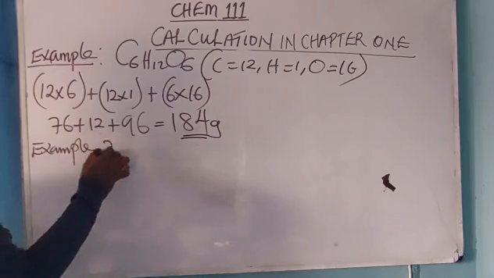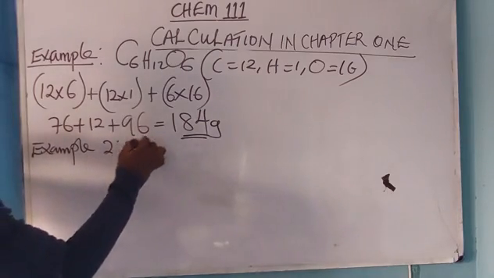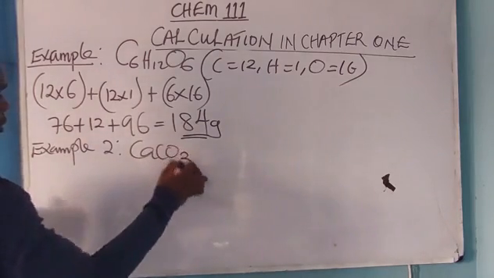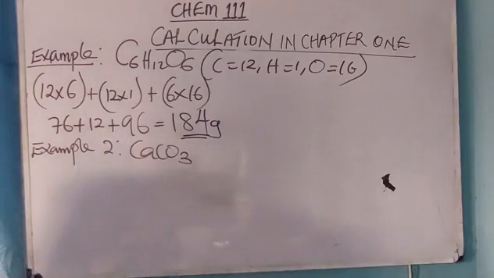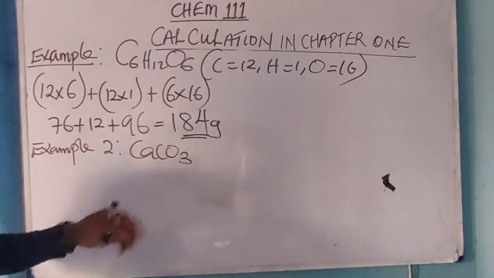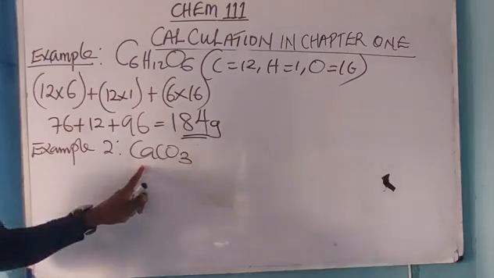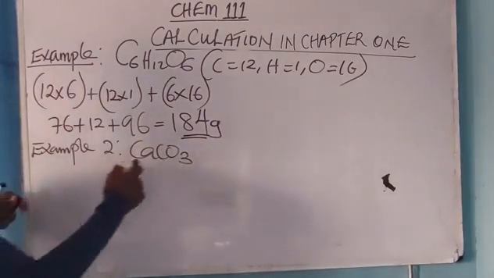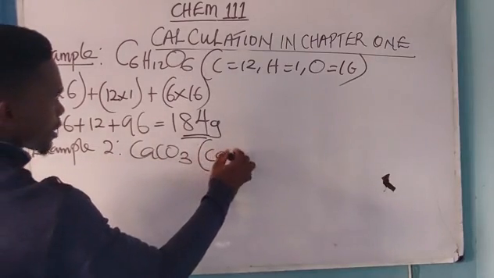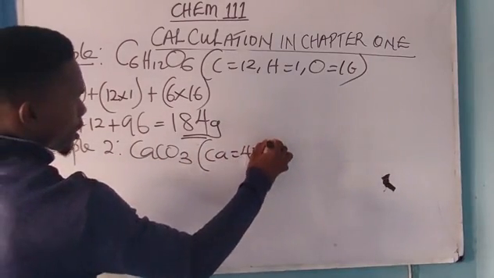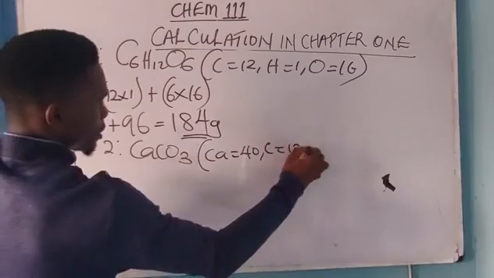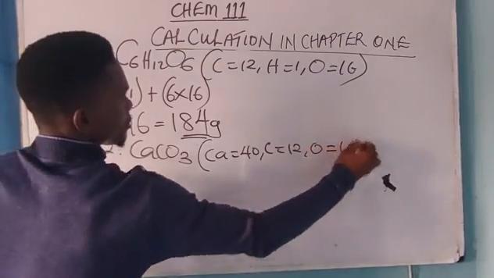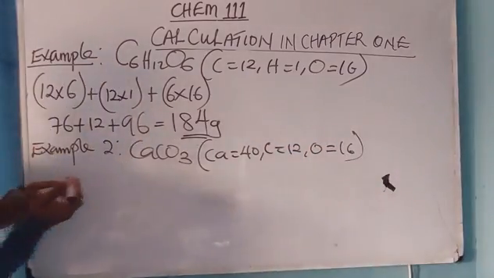Then example 2. What is the molar mass of calcium trioxocarbonate IV, CaCO3? Take calcium as 40, carbon as 12, and oxygen as 16. The same thing.